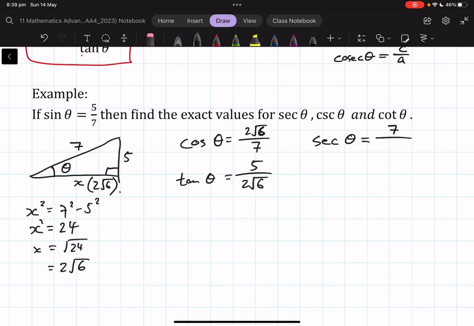We switch the denominator and numerator: 7 over 2 root 6. Cosec, CSC or cosec, you can write it out either way, is equal to 7 on 5. It's the reciprocal of sine. And cot theta is equal to 2 root 6 over 5.